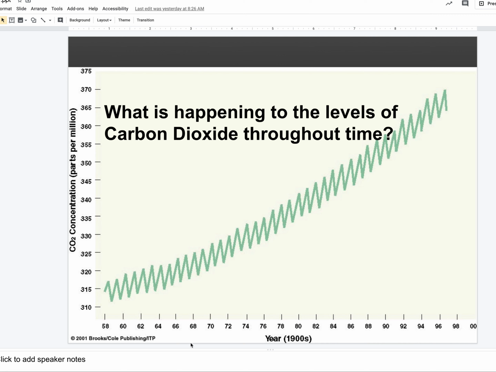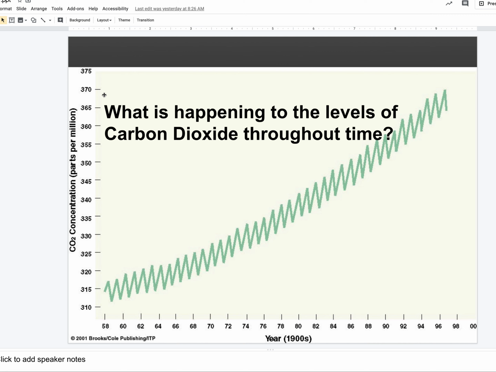Then you have kind of like a clock right here. You look at these numbers over here on the side. That's the third thing you do. And these numbers are some really random numbers, but it says CO2 concentration in parts per million, which means out of 1 million molecules, how many are CO2?